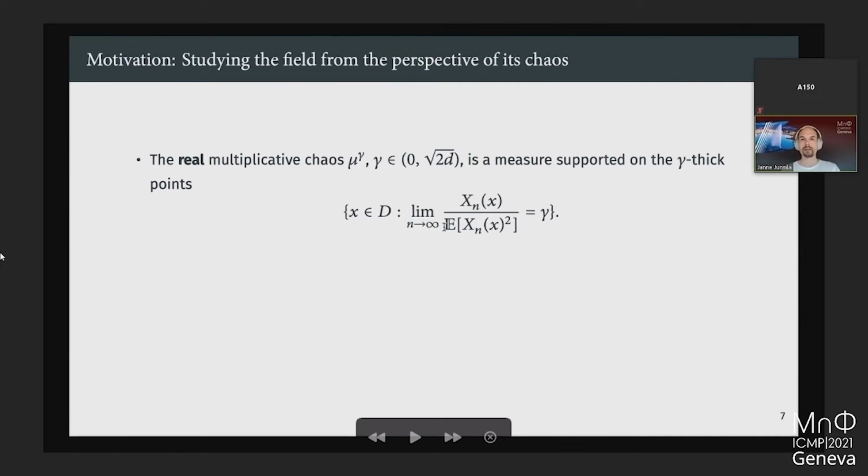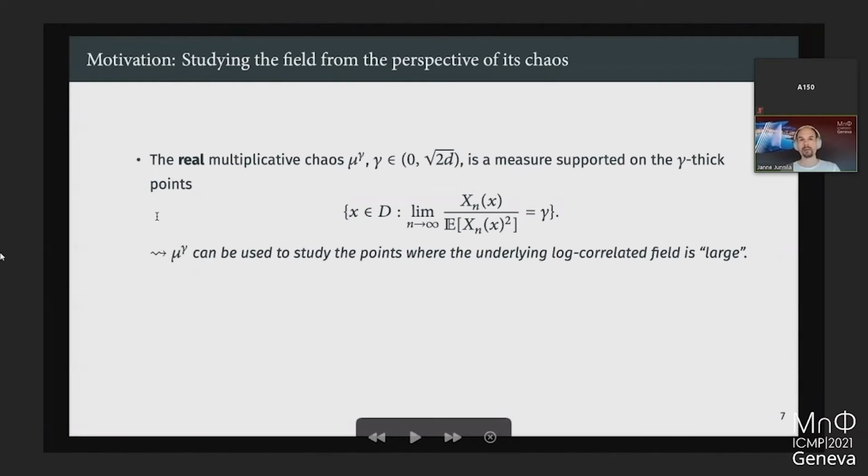The thick points are the points where the field scales roughly like when you take this approximation. So a priori, at least, it's dependent on the sequence of approximations. But I guess if you do reasonable approximations, they should give you the same result. So it's the points where it scales like gamma times the variance, and somehow this leads to studying the high points of the field by using this chaos measure.